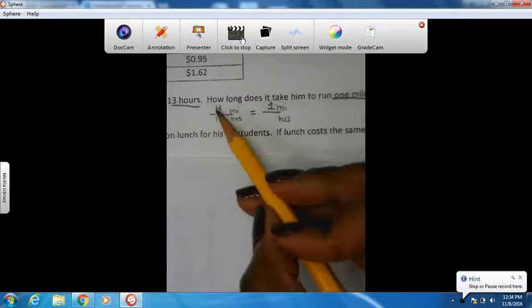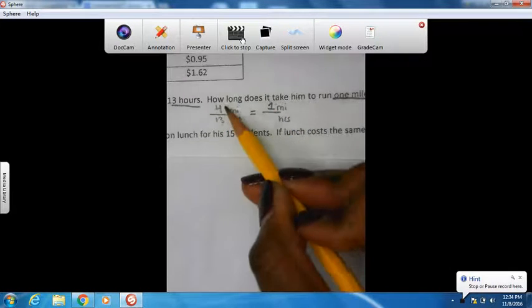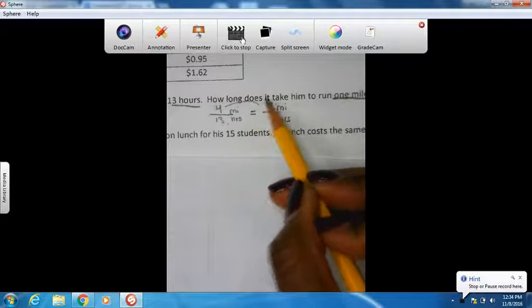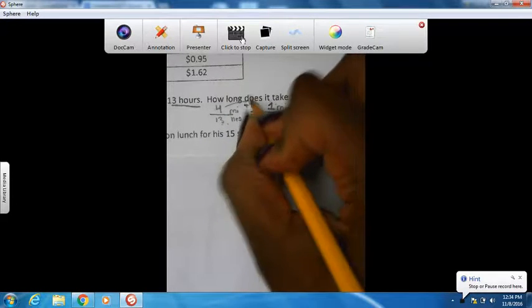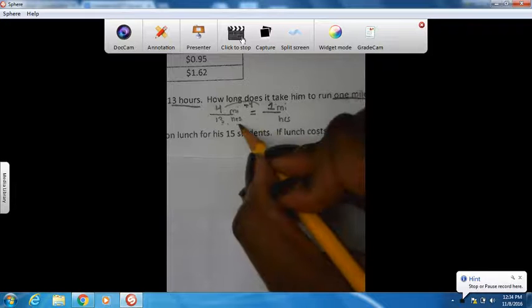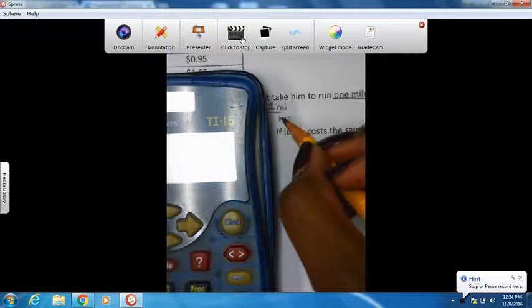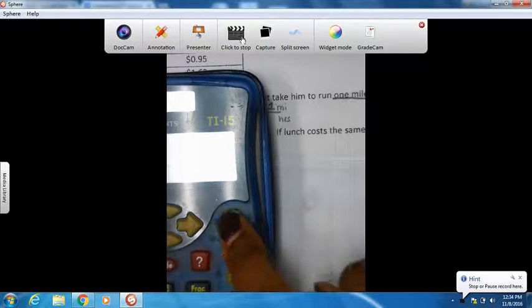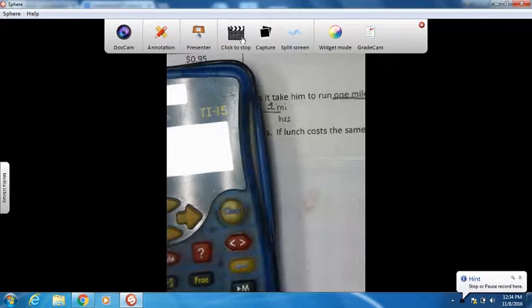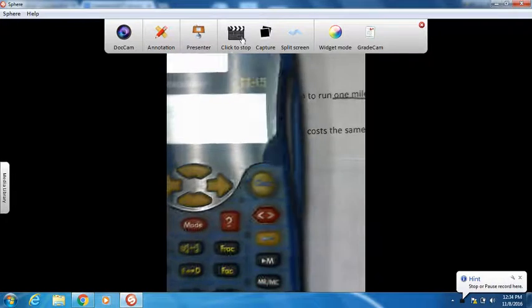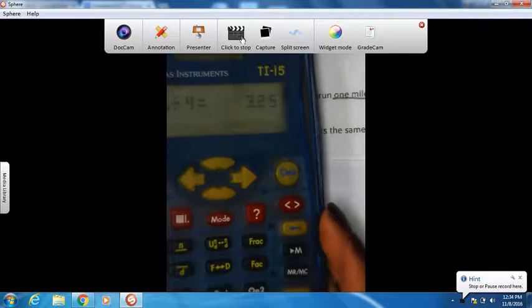So you can look at this and say, to get from 4 to 1, I divide it by 4. So then you would divide your 13 by 4. And this is calculator active. So 13 divided by 4 gave me 3 and 25 hundredths.